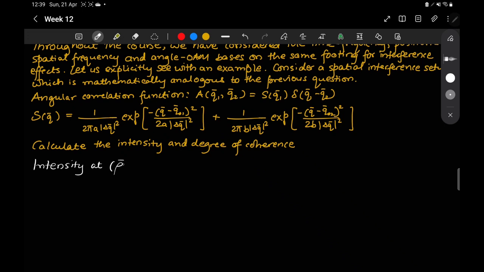So intensity at position rho, z will be given as follows. So everything is in analogy with the time frequency domain.